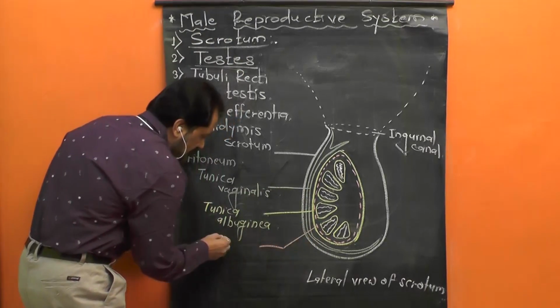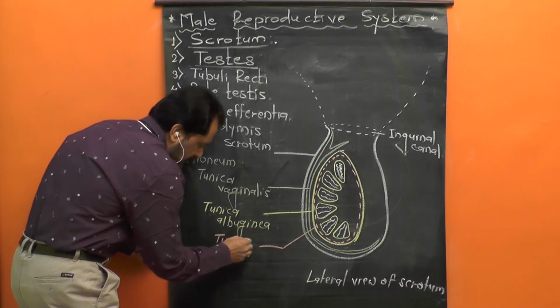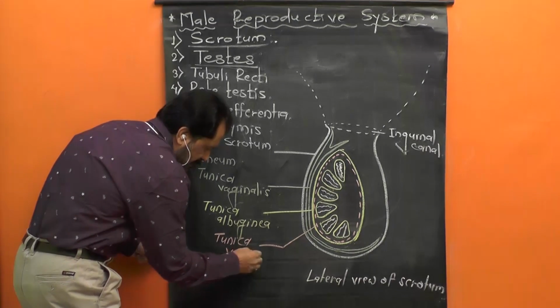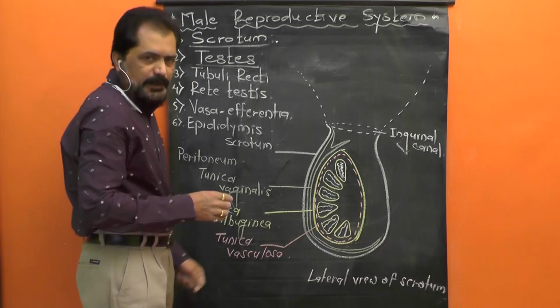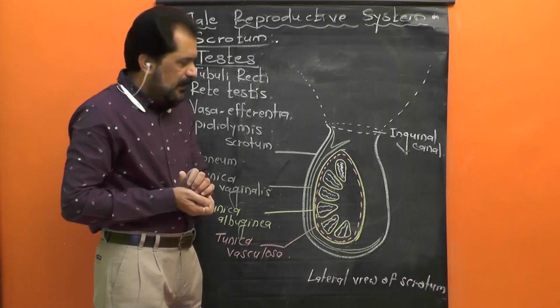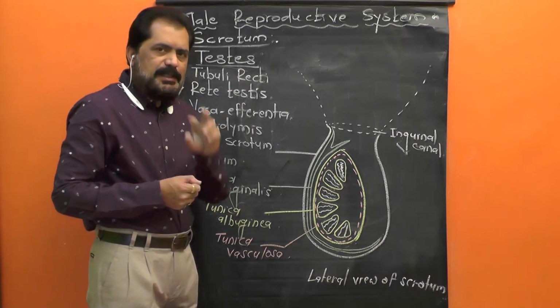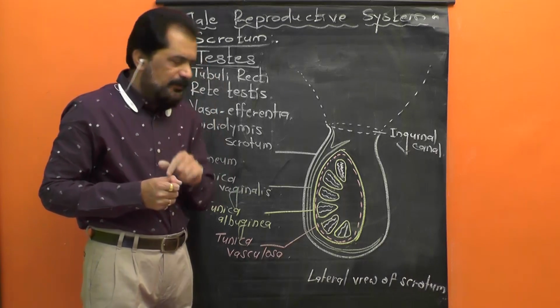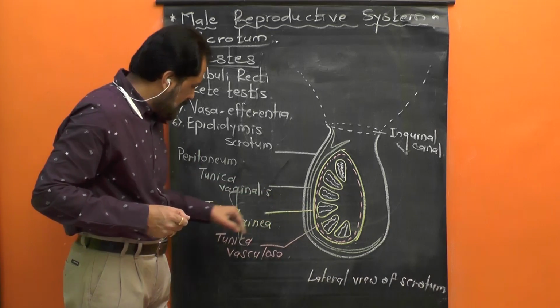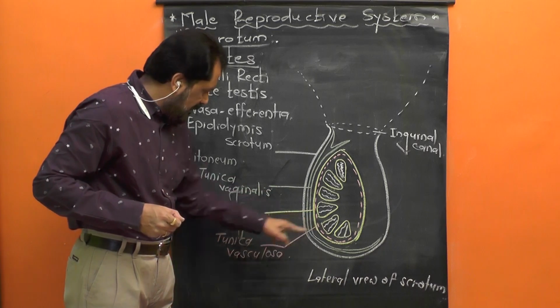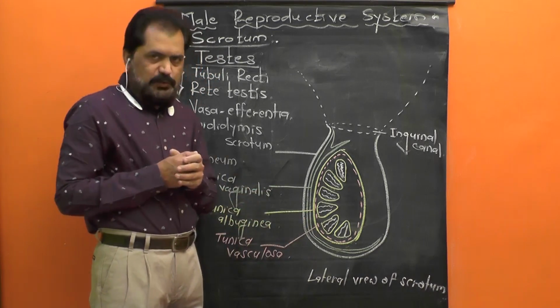This is tunica vasculosa. It is vascular layer. Means it shows network of blood capillary. So I said that the testis is externally covered by three coverings: outermost tunica vaginalis, middle tunica albuginea, and inner, that is tunica vasculosa.